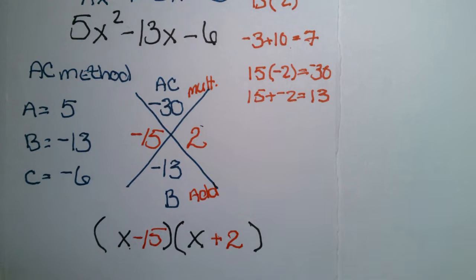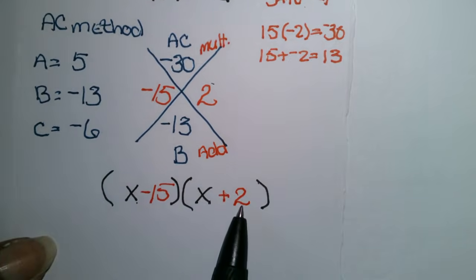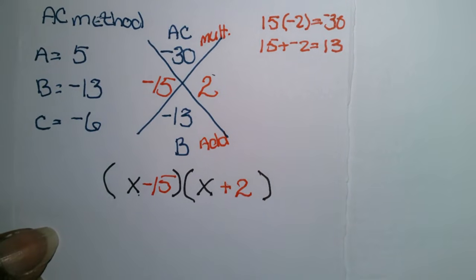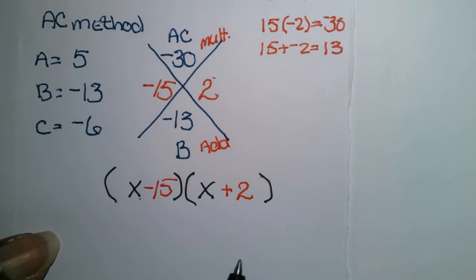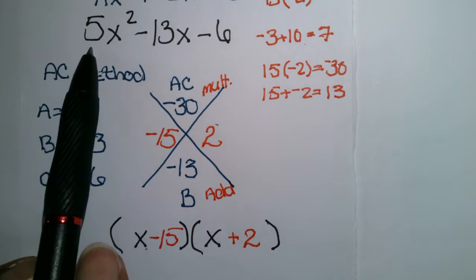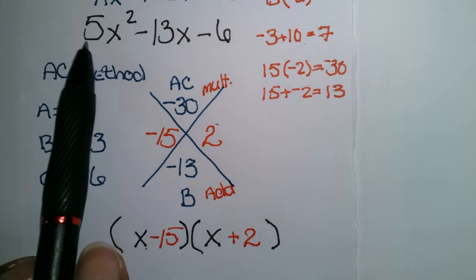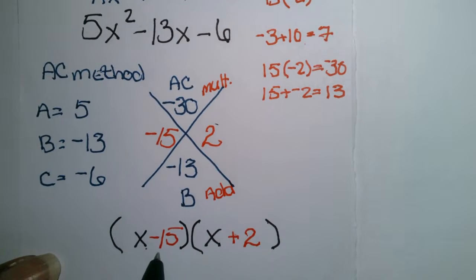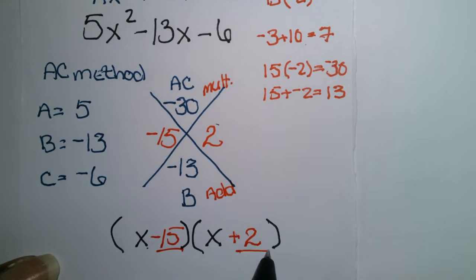Okay, there's one more important step. If you put the plus 2 here and the negative 15 there, that's perfectly fine. But now we're going to do what's called divide or slide. And you're like, what? What's that? We're taking our leading coefficient, which is a 5, and we're going to put it underneath the 2 factors that we found.